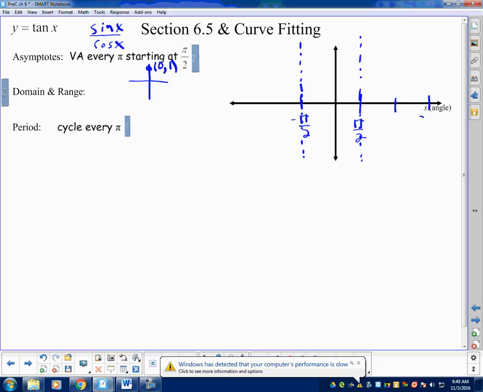So the next one would be at 3 pi over 2. And over here we would have, of course, negative 3 pi over 2. And then in between pi over 2 and 3 pi over 2, we would have a pi here and a negative pi here.